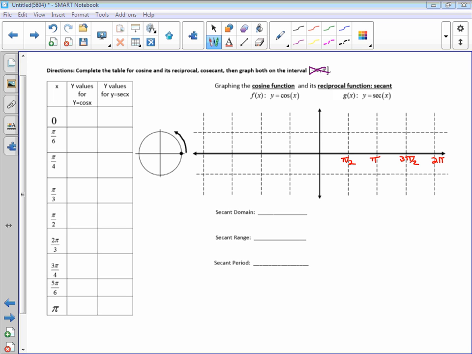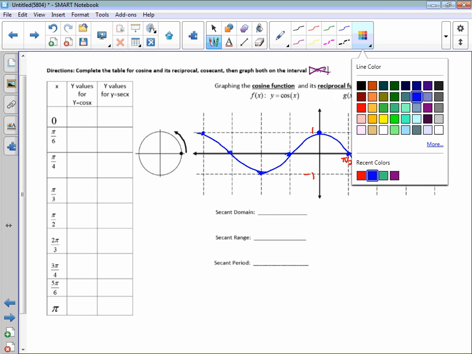All right, guys, let's look at it. All right, so cosine looks like my blue graph. Okay, everyone's okay with cosine, right?